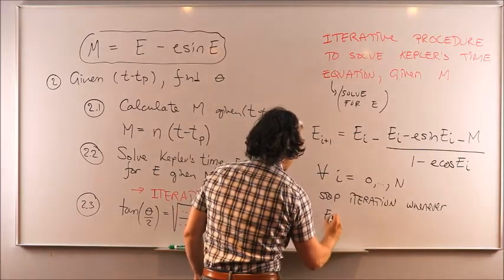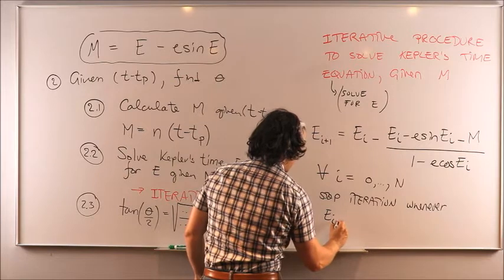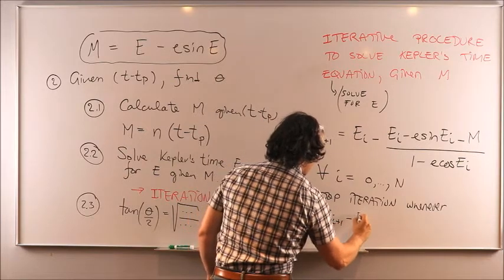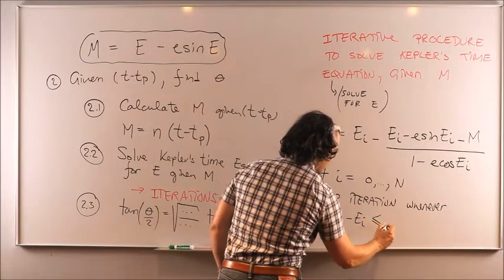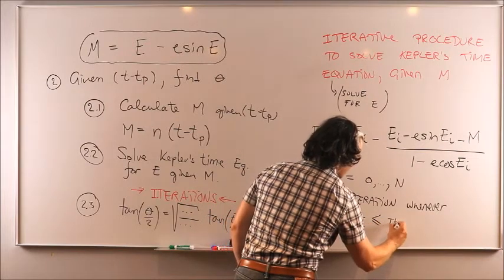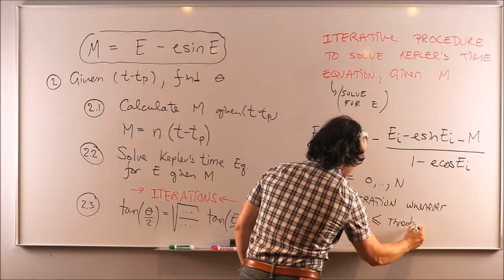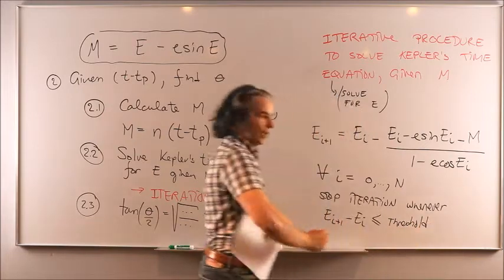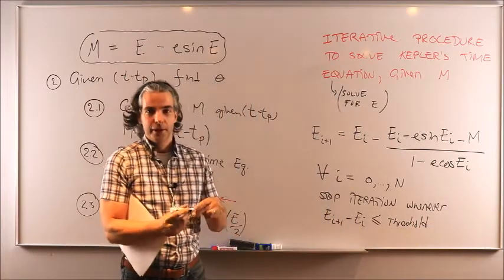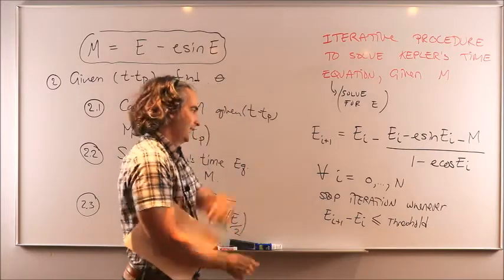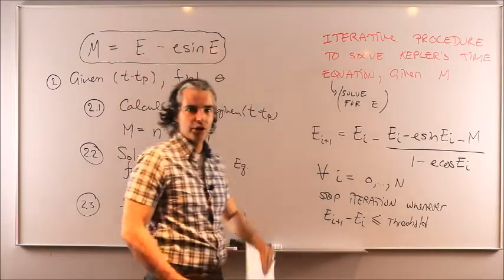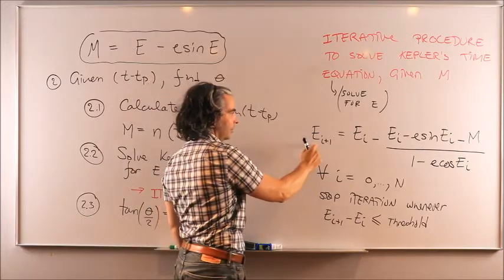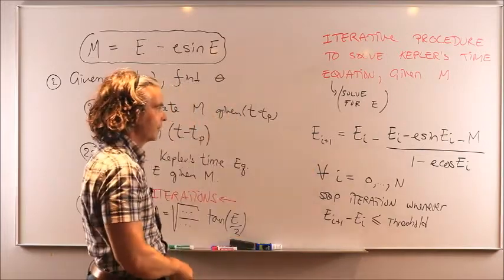Whenever E i plus 1 minus the previous value from the previous iteration is less or equal than some threshold, typically determined by the professor, i.e. me, okay? Or again, in software, just iterate for as long as you want, 100 iterations, and you're going to get to a pretty accurate value for the eccentric anomaly.